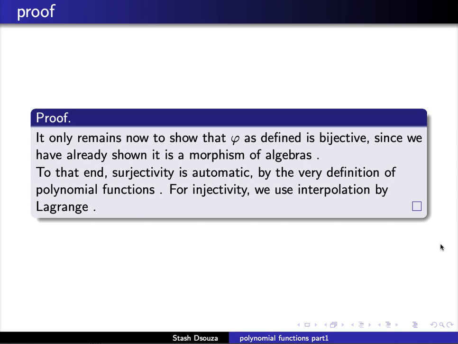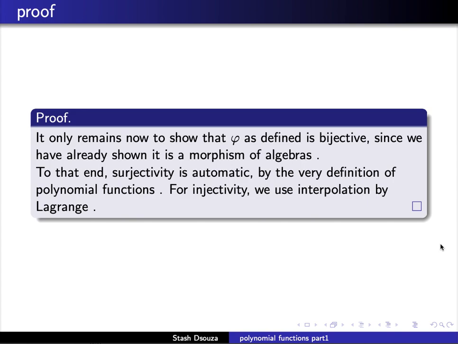It only remains now to show that phi as defined is bijective, since we have already shown it is a morphism of algebras. So to that end, surjectivity is automatic by the very definition of polynomial functions, because each polynomial function is nothing but a map under phi of a polynomial expression over F.